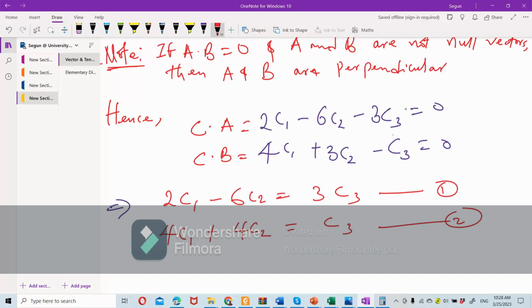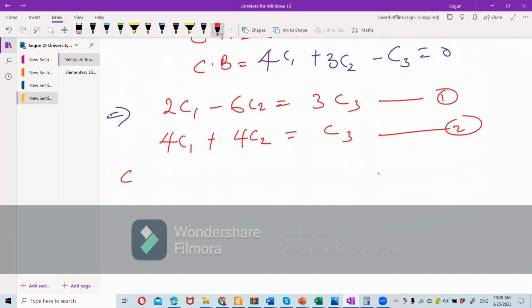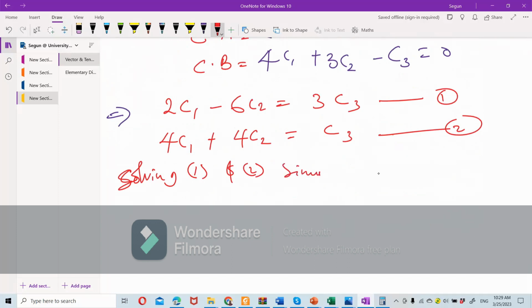So in this case, if you solve it simultaneously, solving 1 and 2, we have C1 equals 1 over 2 C3 and C2 equals negative 1 over 3 C3.